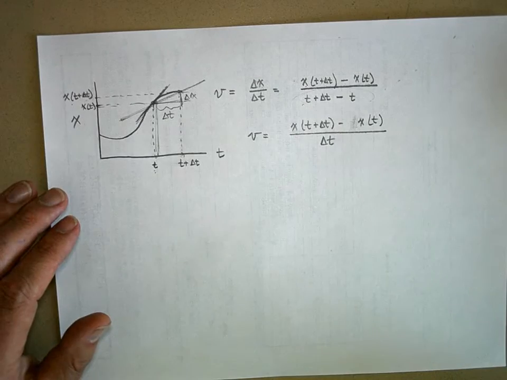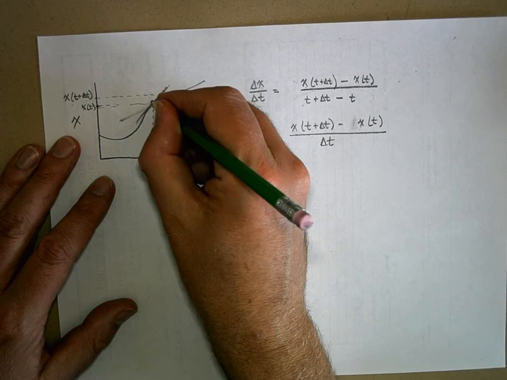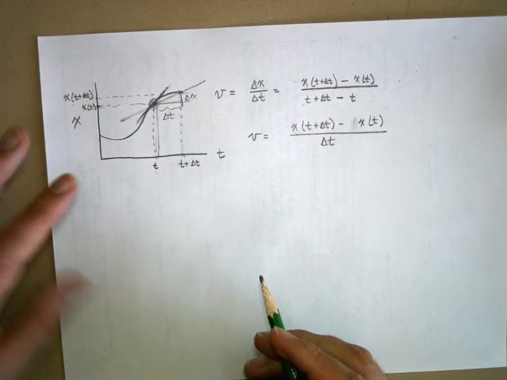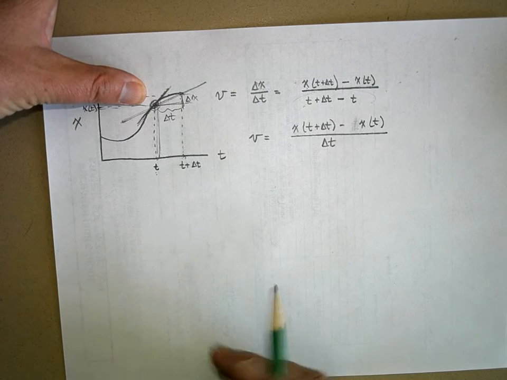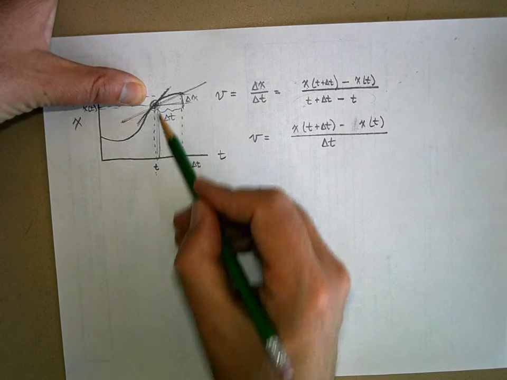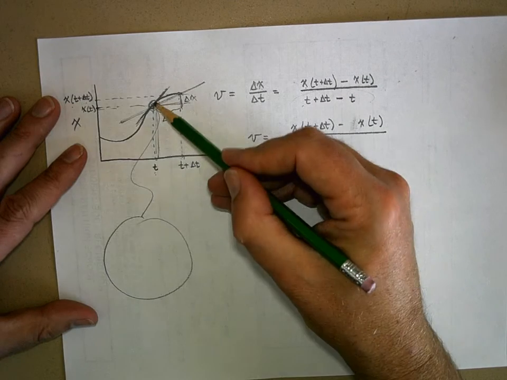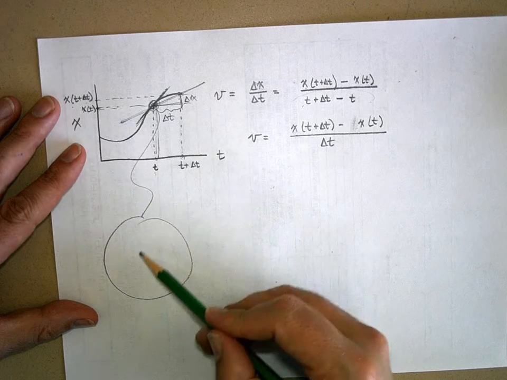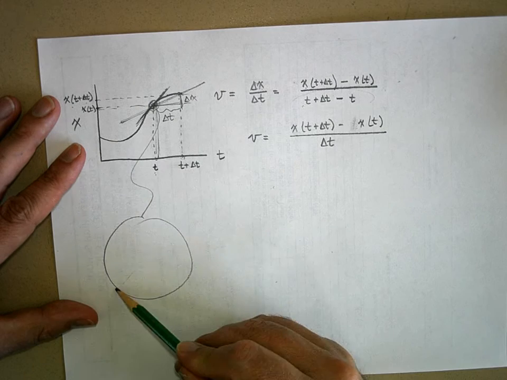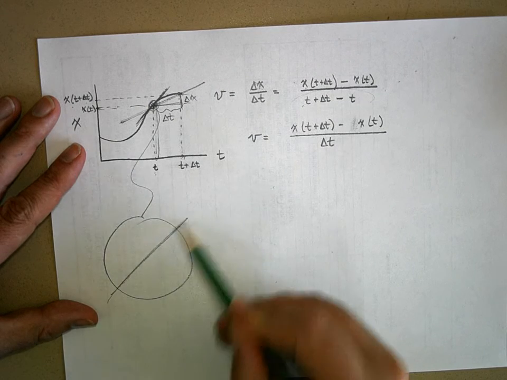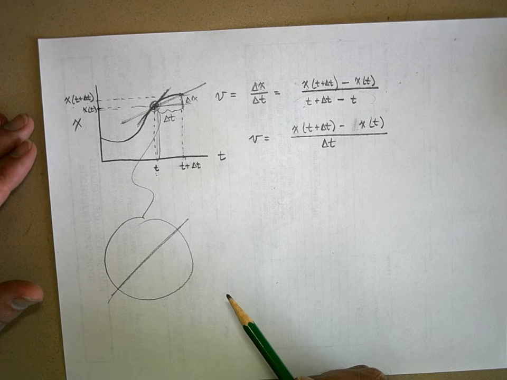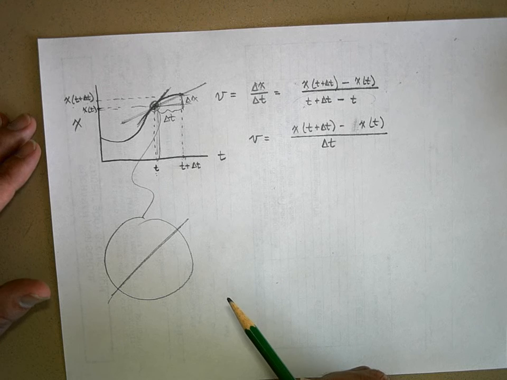Now, if I blow this up, here's one way of looking at it. Let's look at this under a microscope, a pretend microscope. Notice that here's my curve, but if you take any curved line and magnify it enough, what does it look like? It'll start looking like a straight line.